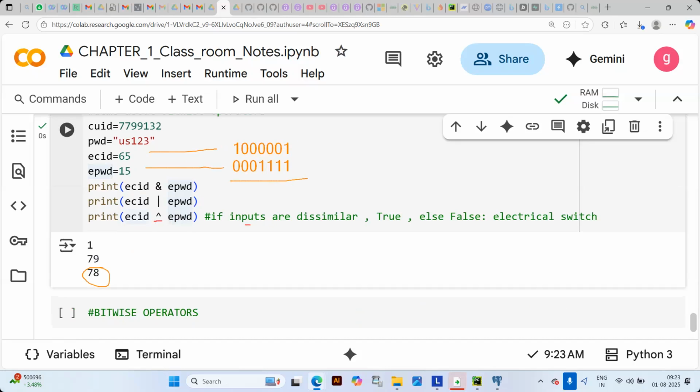If the inputs are dissimilar, it is 1. Here 1 and 1 are similar, therefore the output is 0. 0 and 1 are dissimilar, output is 1. Inputs are the same, 0. Inputs are dissimilar, 1. So 64 plus 8 plus 4 plus 2 is equivalent to 78. This binary value will be the network value, which is encrypted data, produced by the exclusive OR operation following this phenomenon.